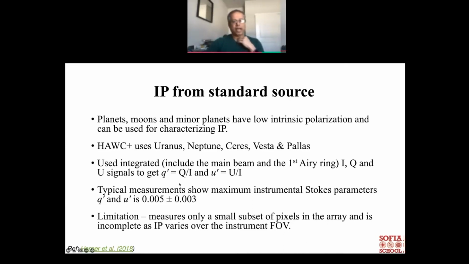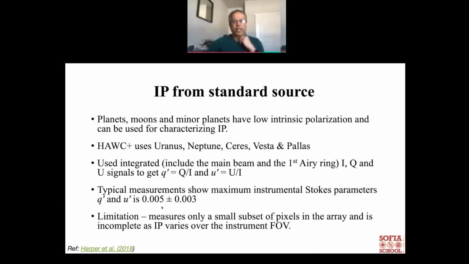Once again, these are standard polarimetric techniques. There's nothing new here. So we have done this for plenty of measurements of our standards, and we find that typically Qs and Us are in the order of about 0.5% with a 0.3% standard deviation.